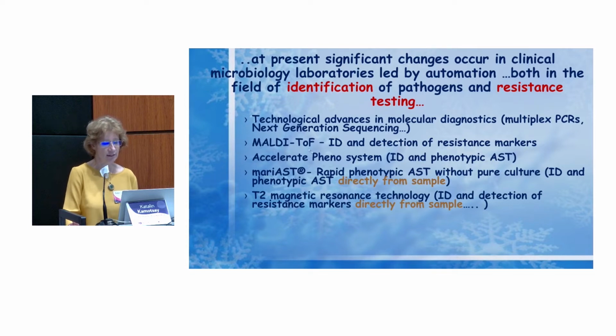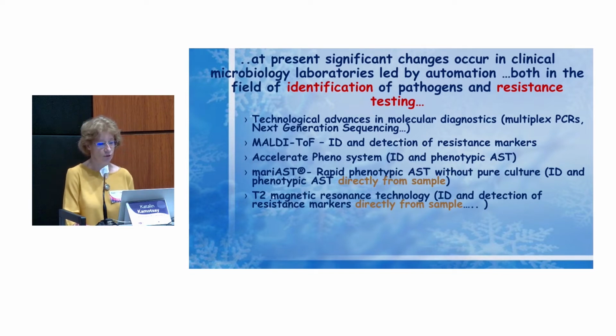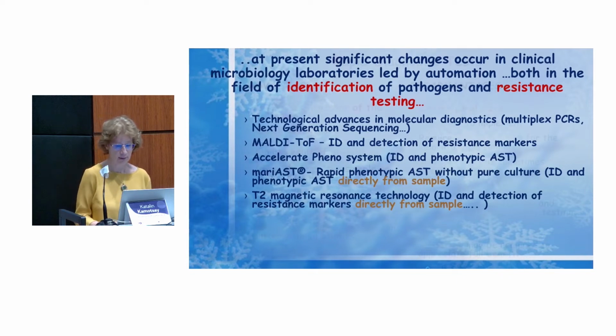We have the Accelerate Pheno system, which is good for ID, but can also give us a phenotypic antibiotic susceptibility testing result. There is a promising technology, the MARY AST, which is a rapid phenotypic examination directly from sample, ID and phenotypic AST. And a very expensive but also helpful new technology is the T2 magnetic resonance technology for ID and detection of resistance markers directly from sample.